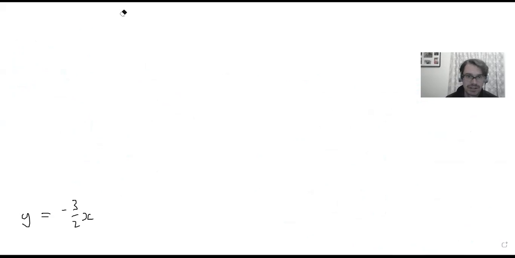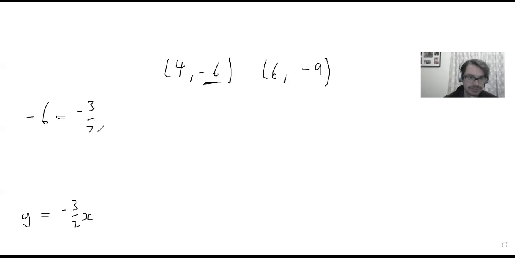So what were our 2 coordinates? Our 2 coordinates were 4 and minus 6, and 6 and minus 9. Let's try the first one. 4, minus 6. So y will be minus 6. This one, that's our y, equals minus 3 on 2x.